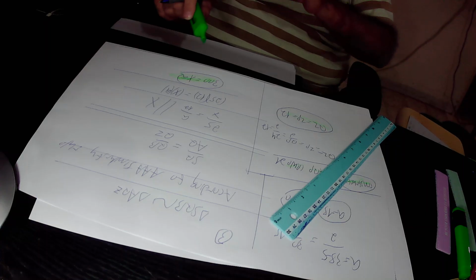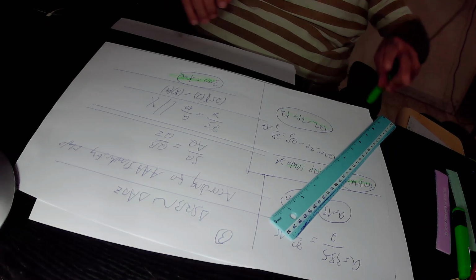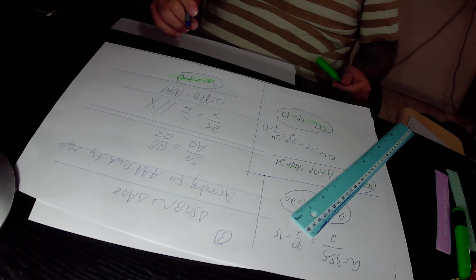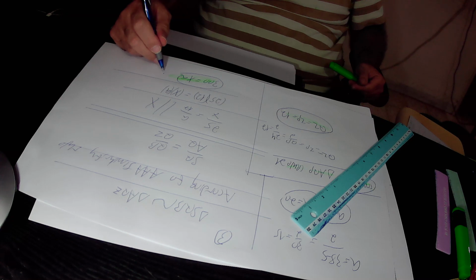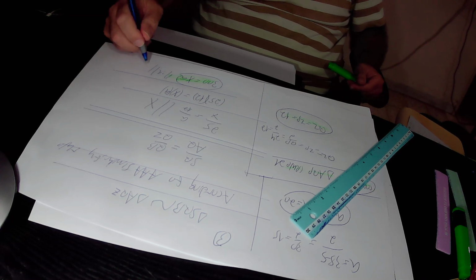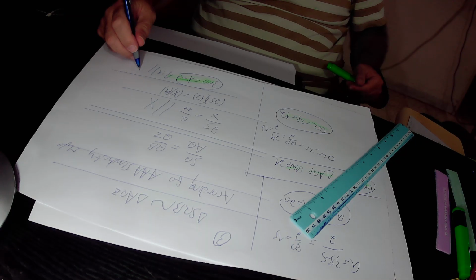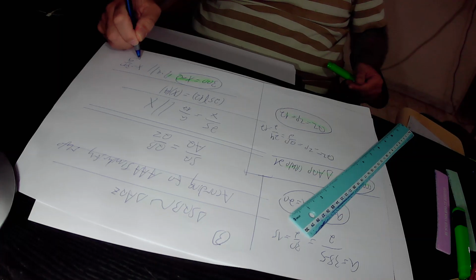For that reason, A is so important to us. Okay, so here we divide this equation by A, and find out that X equals 300 over A.